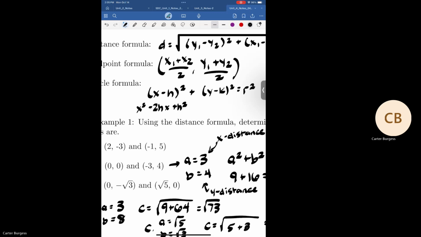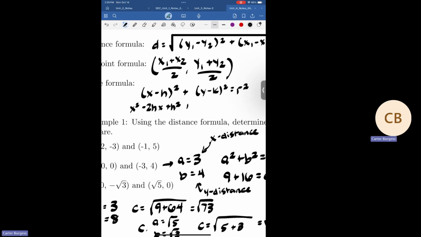Okay, similar question. What could I do with y minus k? Exact same thing. You can do the Punnett squares to confirm that I'm not lying to you. But this should be y squared minus 2ky plus k squared is equal to r squared.